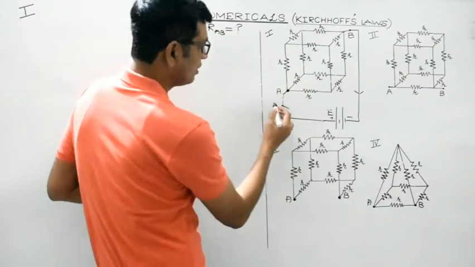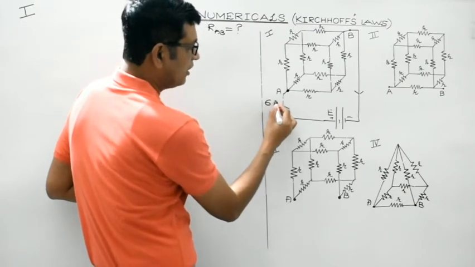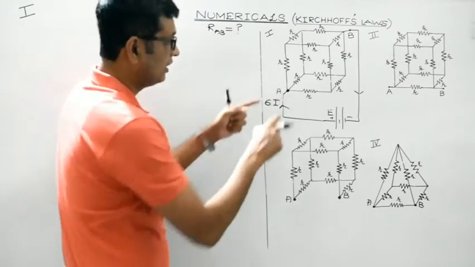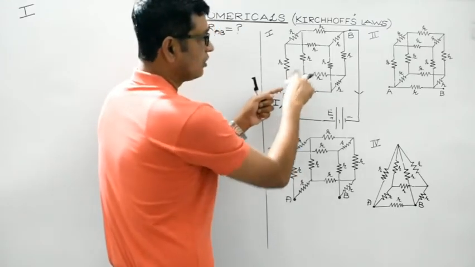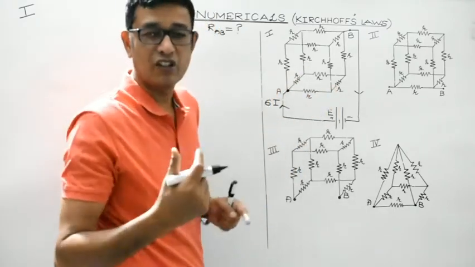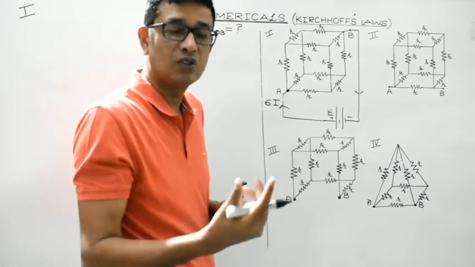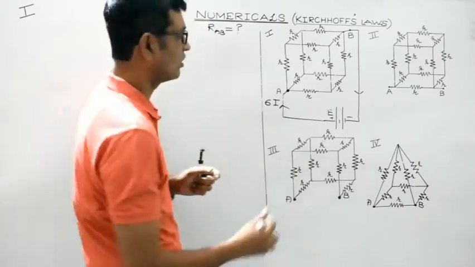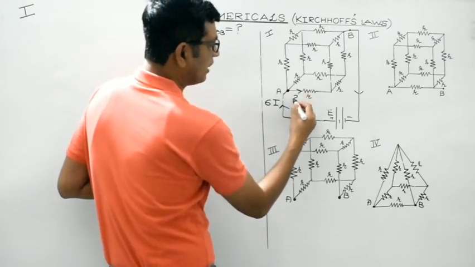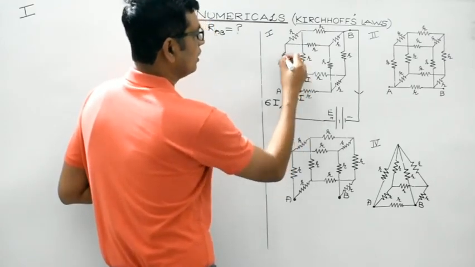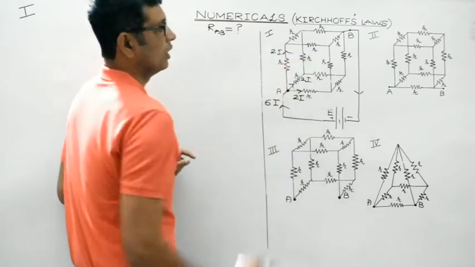Let us consider the net current entering point A is 6I. It needs to get equally divided amongst these 3 branches. As per the junction rule, net current entering must be exactly equal to the net current coming out from that junction. So it will get equally divided between 3 branches: this is 2I, this is 2I, and this will be 2I.